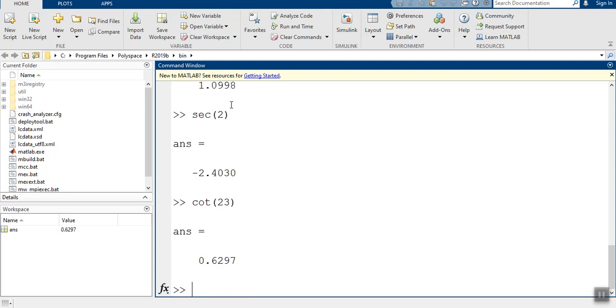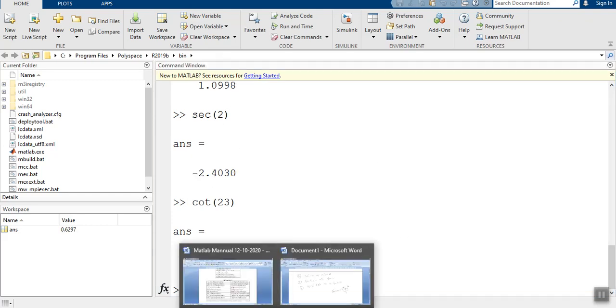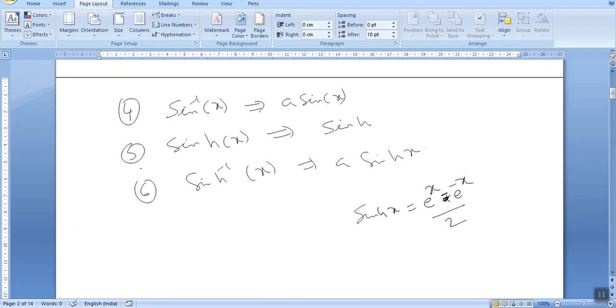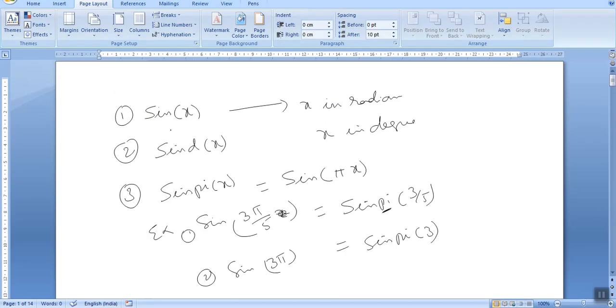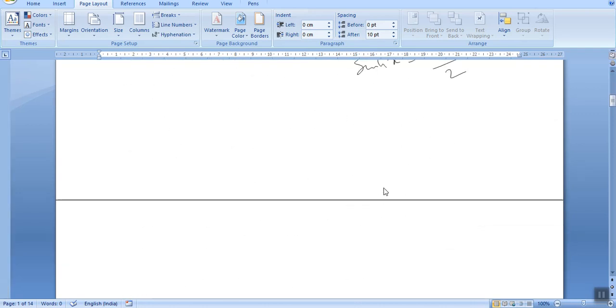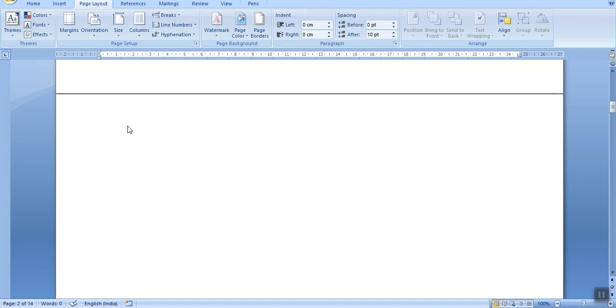So what is the conclusion here? For any trigonometric function, if you observe, directly sine or cos or any one, x is in radians, d means x is in degrees, and pi means the pi function. Now try to understand sine of x.